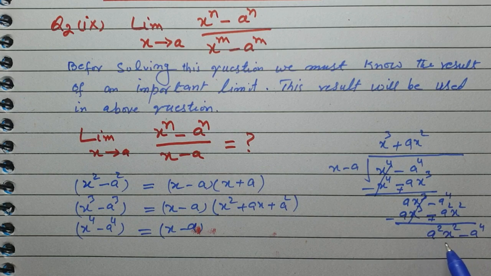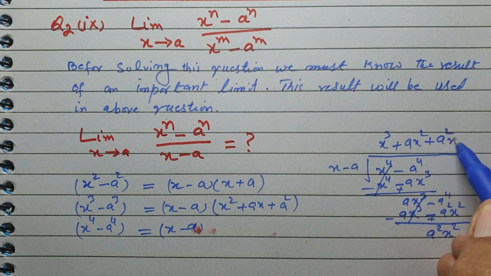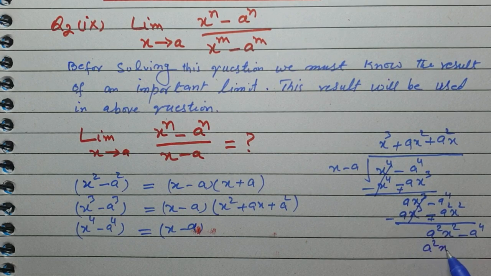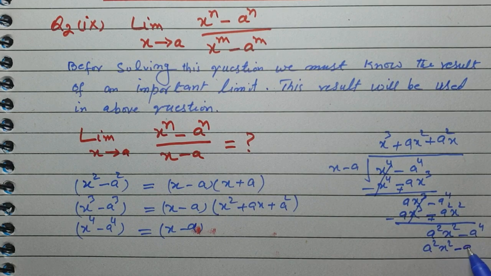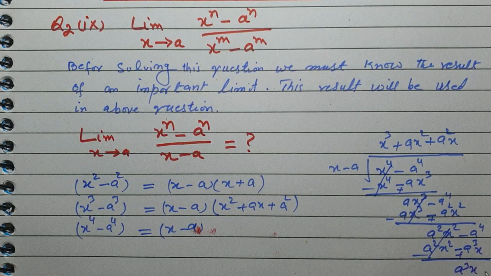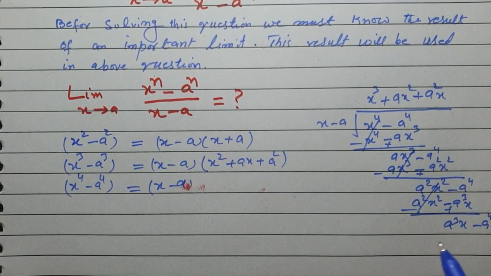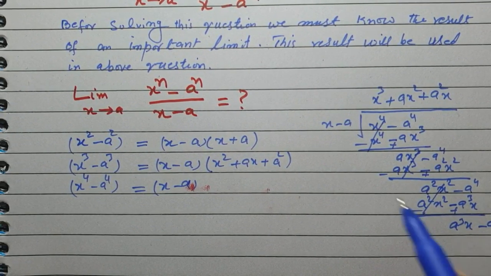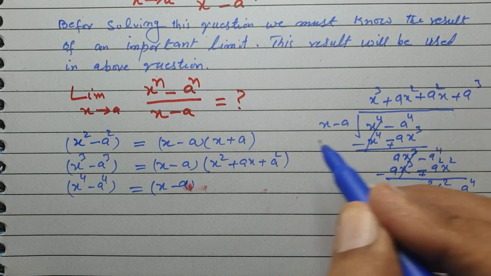You need a square and x because you need x to complete a square x square plus a square x. It is a square x square minus a cube x. A cube x minus a^4. It is a cube and x. You need a cube plus a cube.